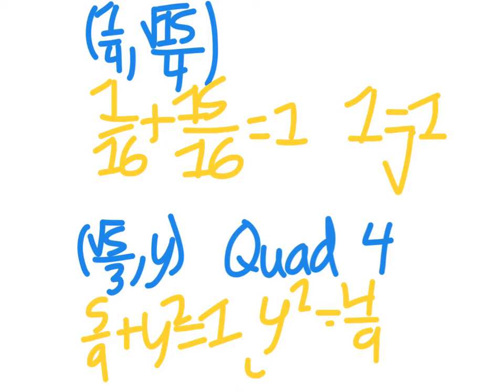Square root both sides, so y equals plus or minus 2/3, and since this is in the fourth quadrant, y equals negative 2/3.